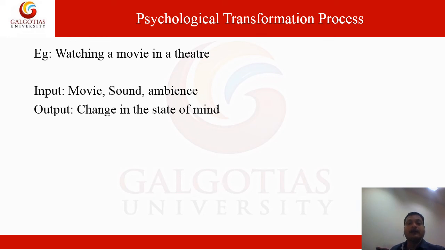In the last three, the input is a person or information. Therefore, the transformation may be less obvious in the last three cases. So as a conclusion, the transformation process, as I said in the beginning, adds value to the input. That is why input is being converted into output.